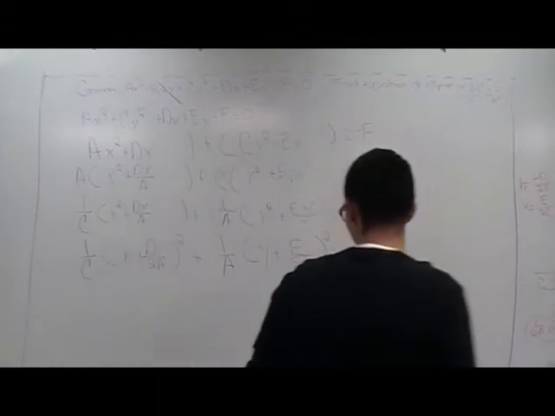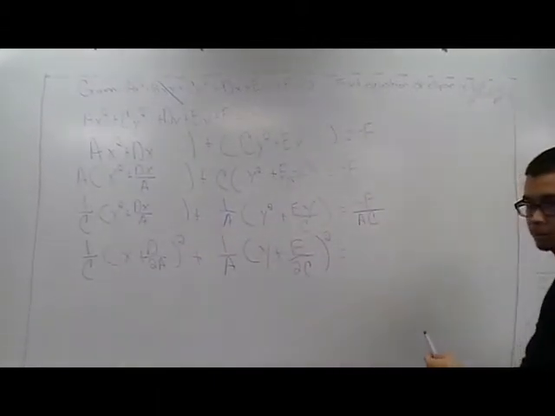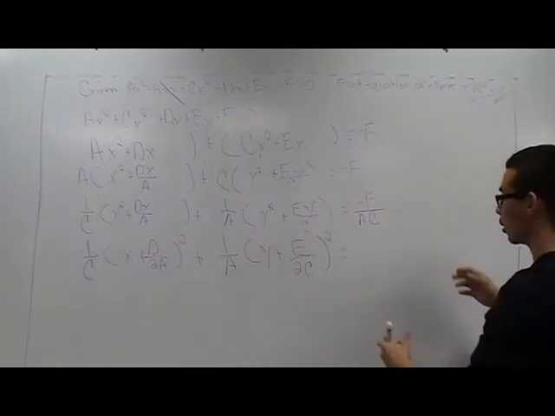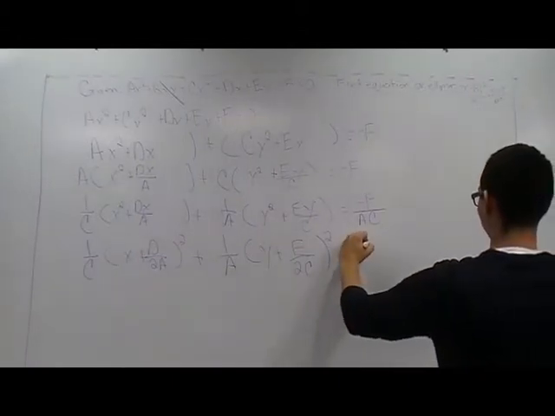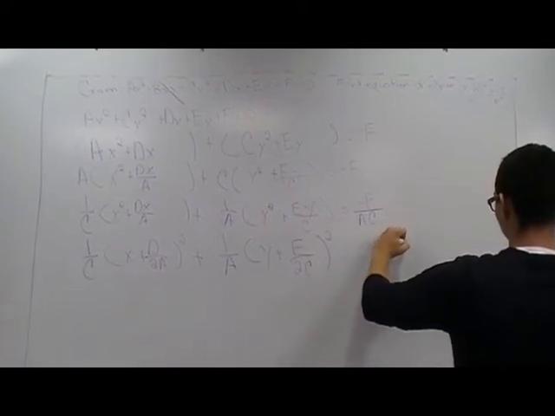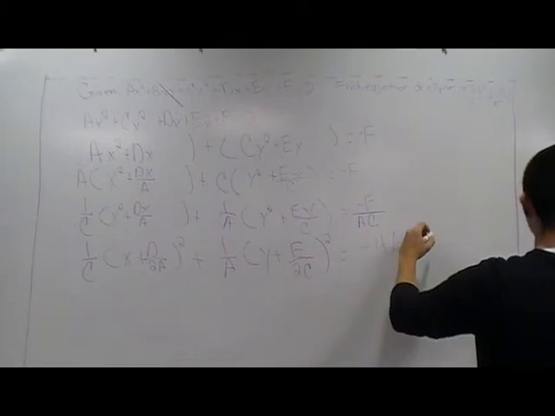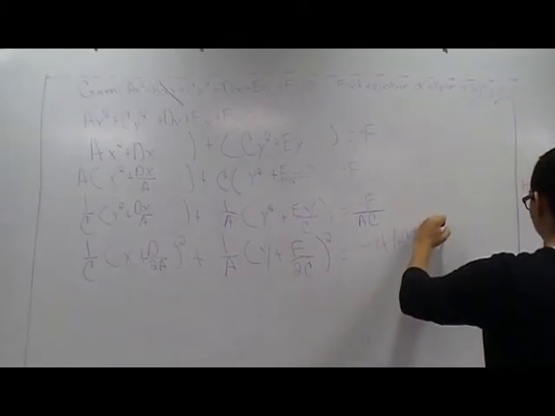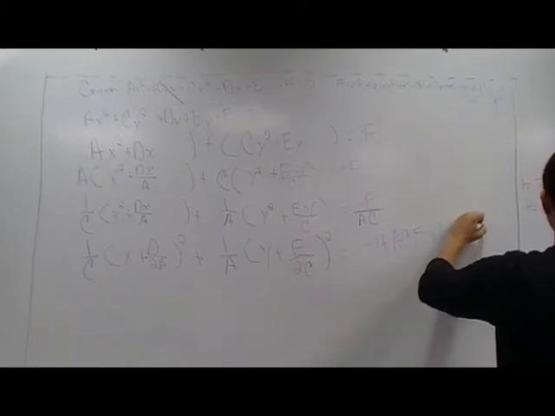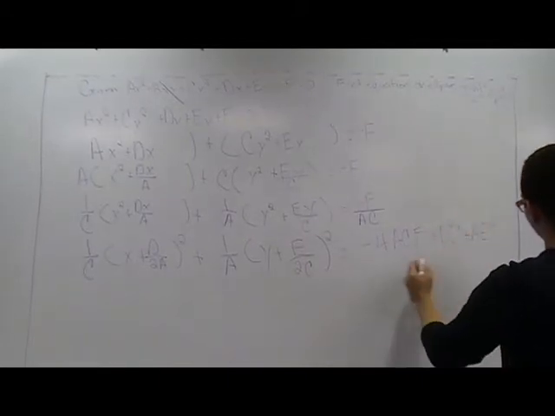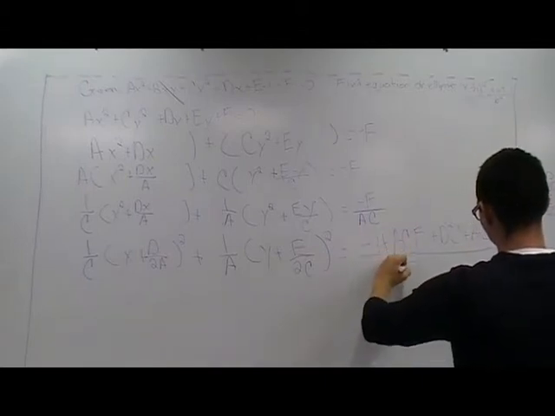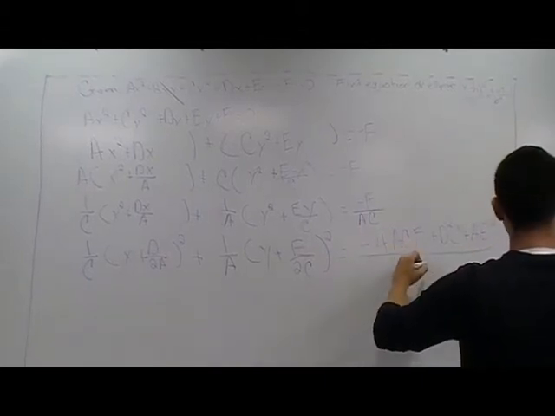And then by completing the square, we're left with all these extra terms, and I'm going to skip that and combine everything and add them all up, and we are left with negative 4acf plus d squared c plus a e squared, all over 4a squared c squared.